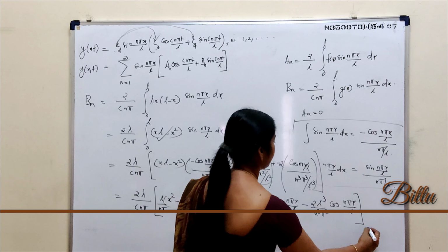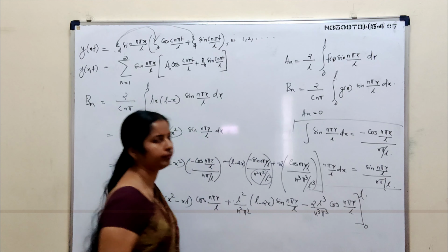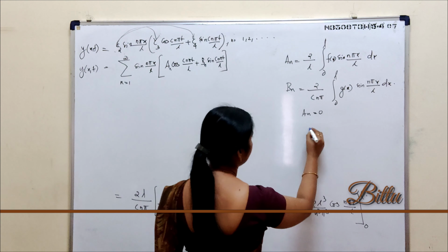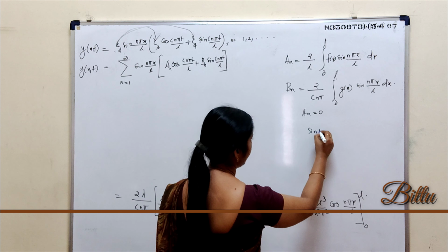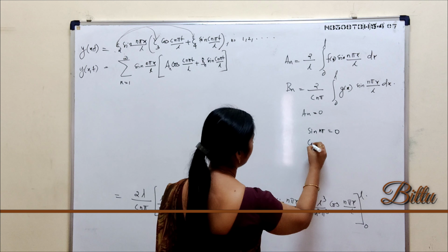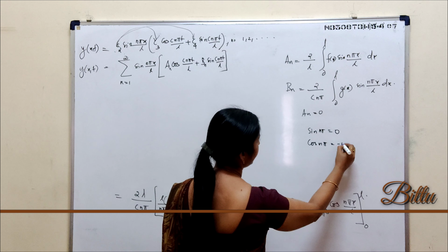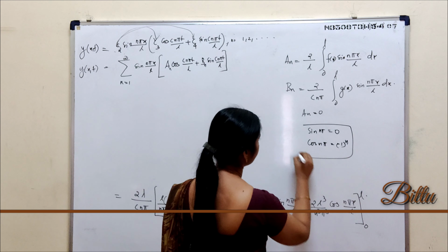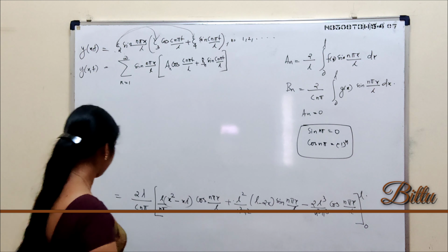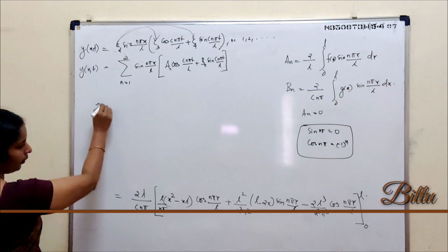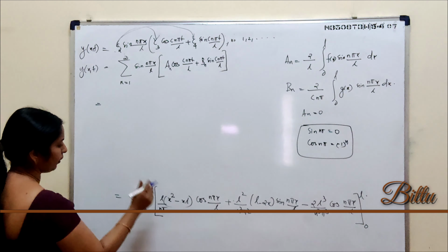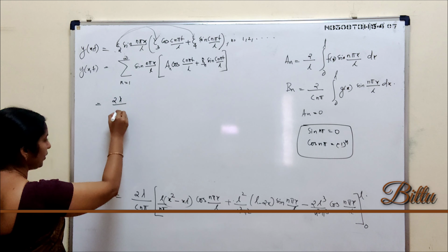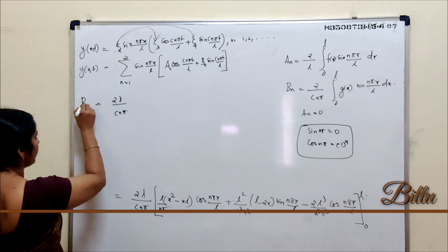We have to apply the limit from 0 to L. And you have to remember sin n pi is 0. Cos n pi is minus 1 raised to n. So you put x equal to L. So 2 lambda by c n pi, so it is our Bn.